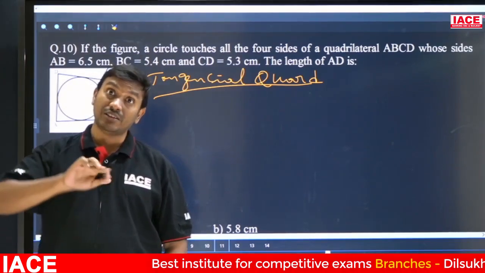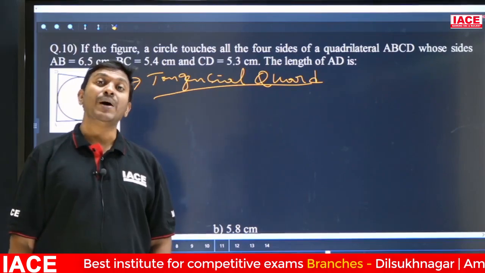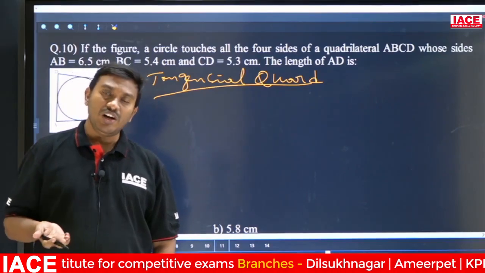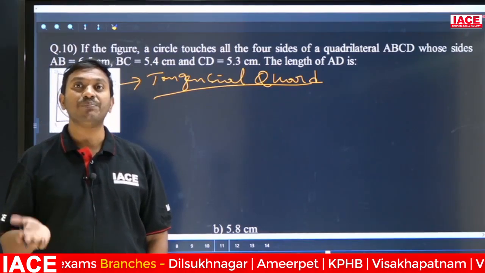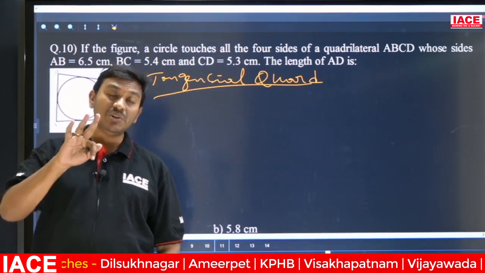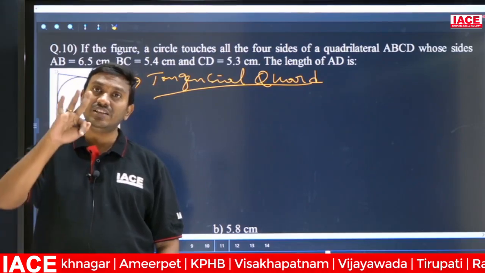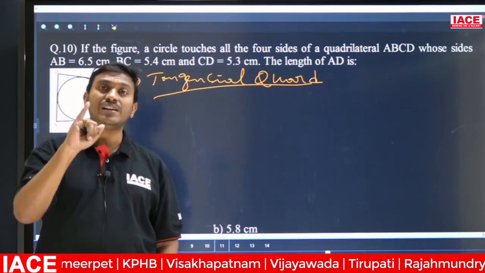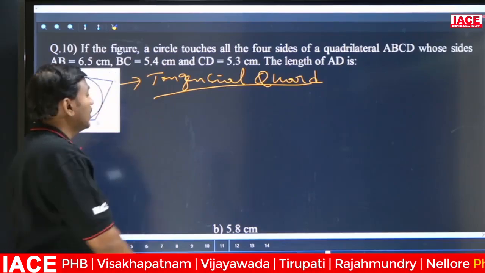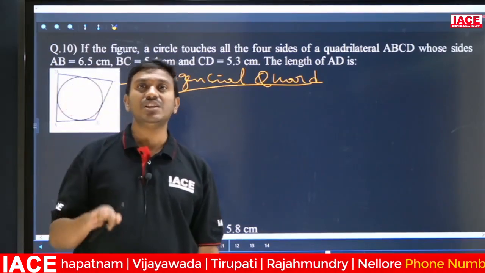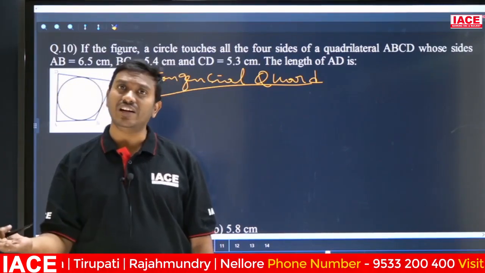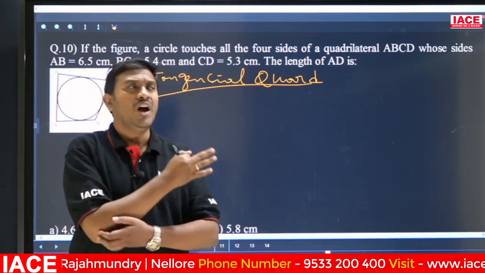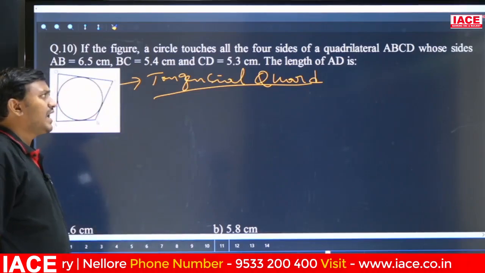And the third quadrilateral we also discussed is the bicentric quadrilateral. That means if both a circumcircle and an incircle are drawn for a quadrilateral, then we call it a bicentric quadrilateral. So we discussed three quadrilaterals in circles: one is a cyclic quadrilateral, second is a tangential quadrilateral, and third is a bicentric quadrilateral, which we also call a tangential cyclic quadrilateral.